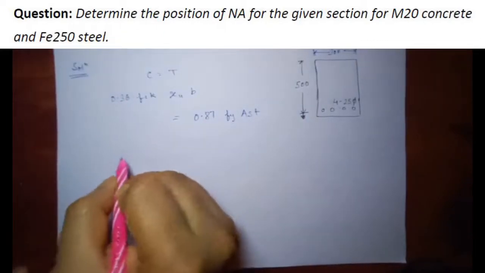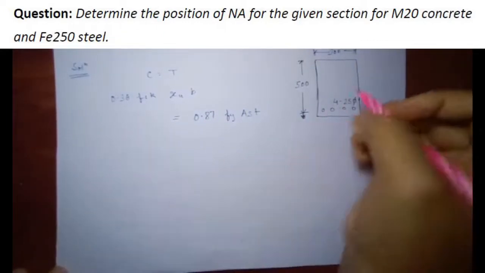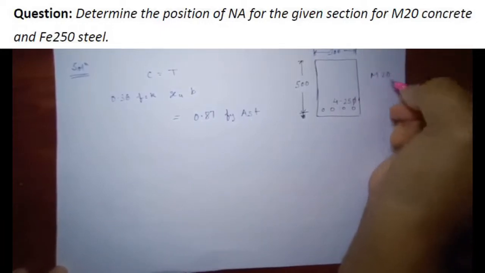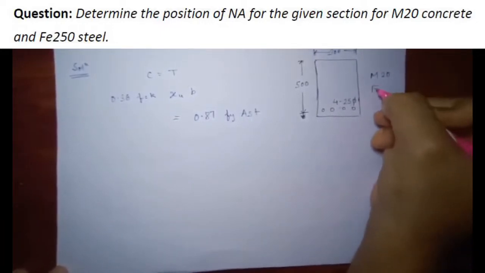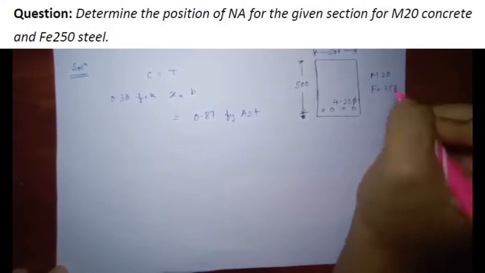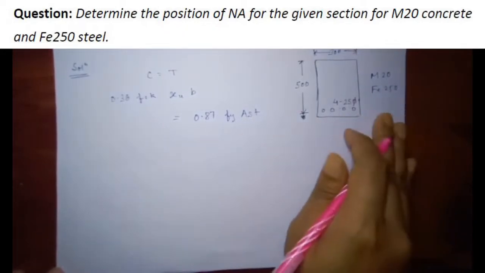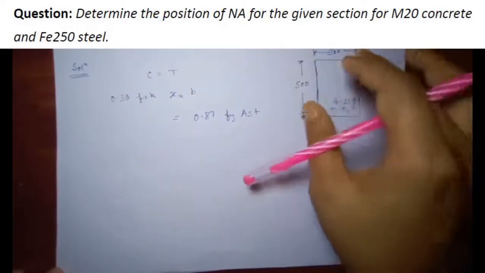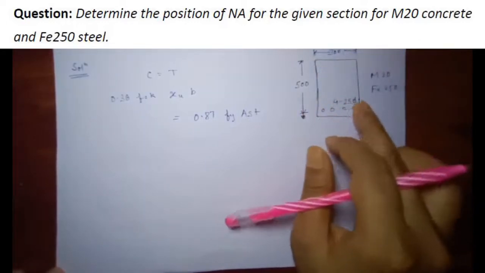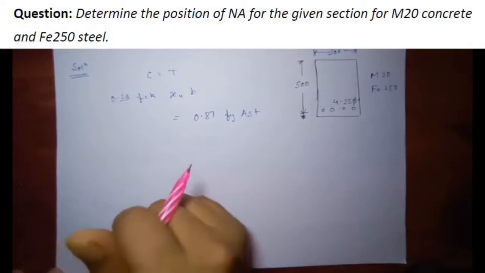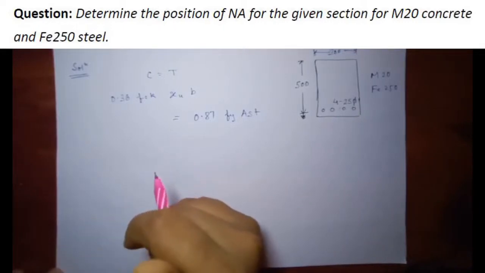Putting in all the values, the grade of the concrete is given as M20 and Fe 250 is the grade of the steel. Since the grade is given, the dimensions of the beam are given, and also the number of bars is given, I can also get the area of the steel.